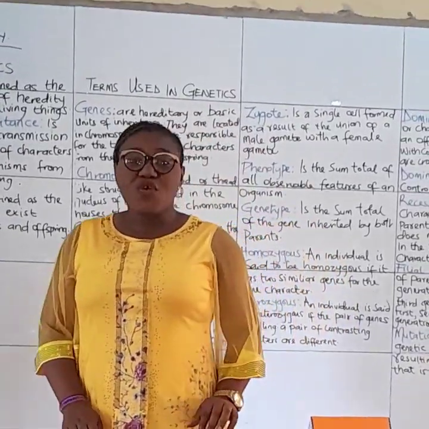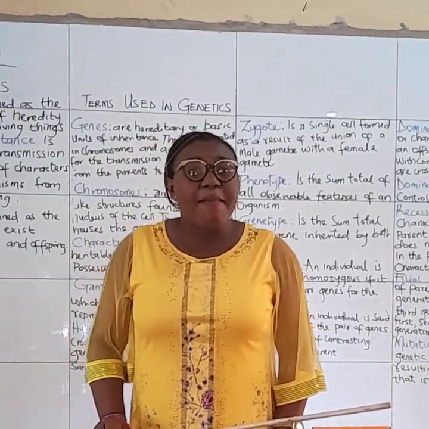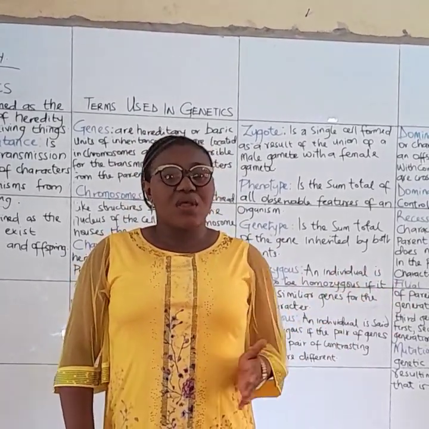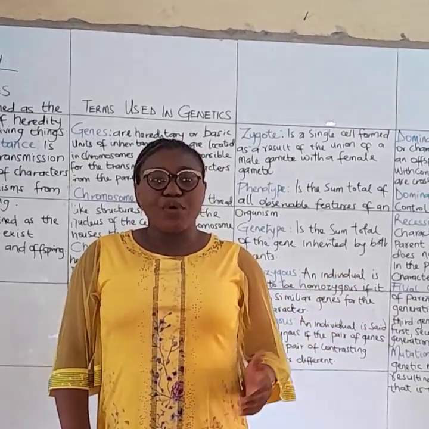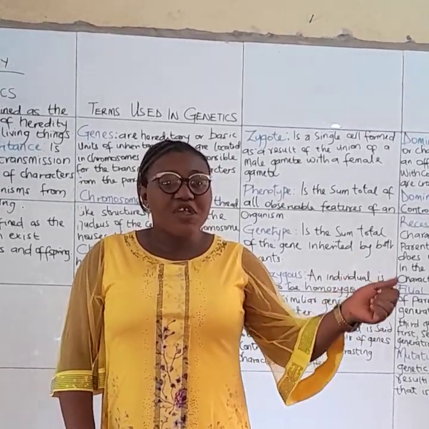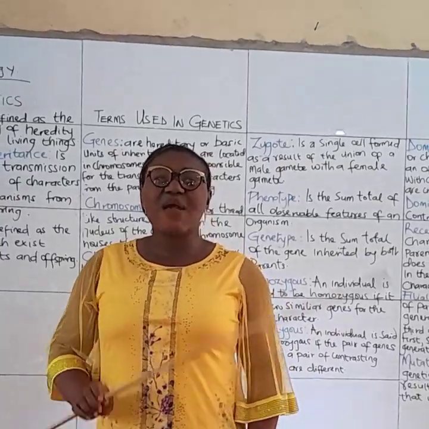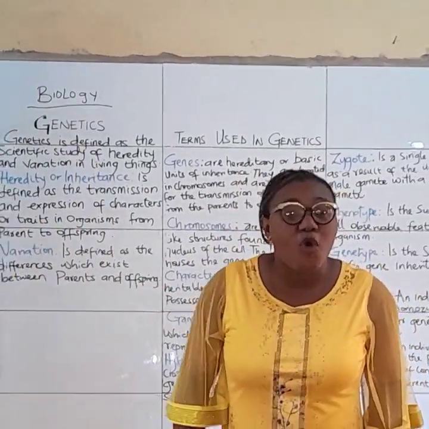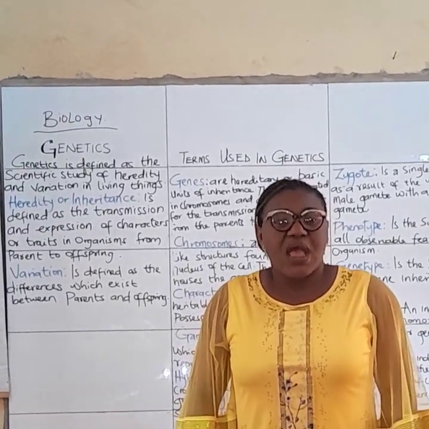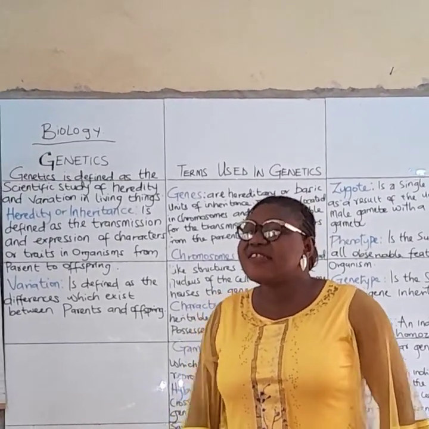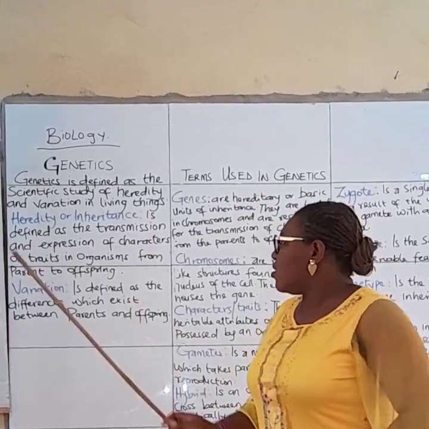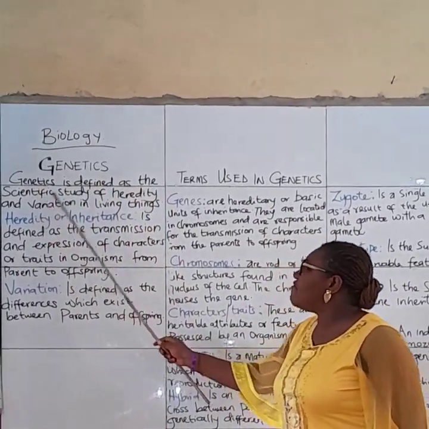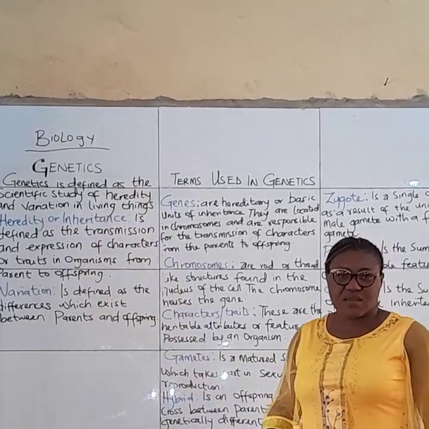Remember, in your SS1, I taught about branches of biology, where I mentioned ecology, botany, zoology, etc. The same way, this genetics is a branch of what? Biology. I would say that genetics is the scientific study of heredity and the variation in living things.